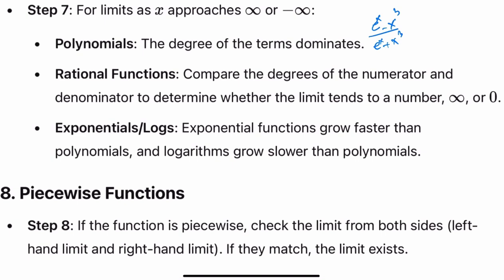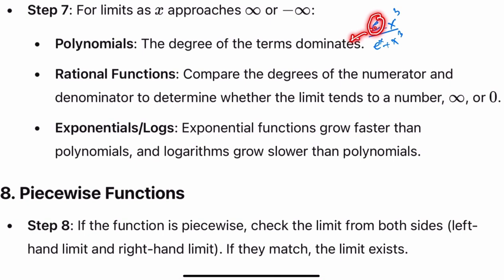Here the function is a ratio where both the numerator and the denominator involve a combination of exponential and polynomial terms. We need to factor this out, so we can have this out.